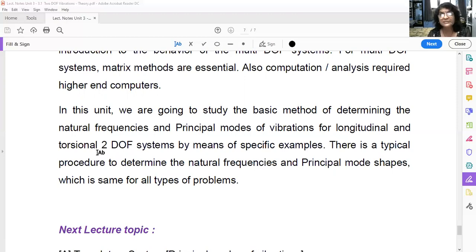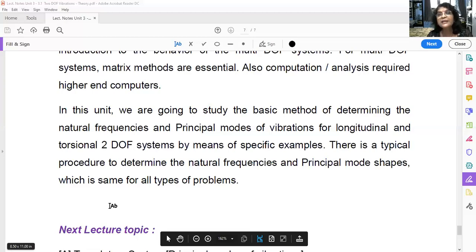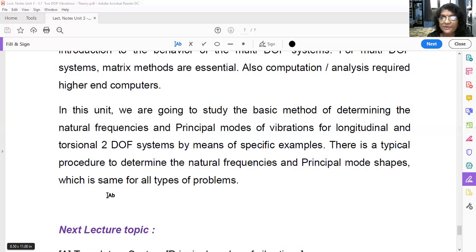The beauty of this procedure is that it is exactly the same for all types of problems. So if you understand the procedure correctly, you can solve any complex problem of the 2 DOF system. The equations are big and it is a lengthy problem, but it is very simple if you understand the procedure and concept to determine the natural frequency and principal mode shapes.